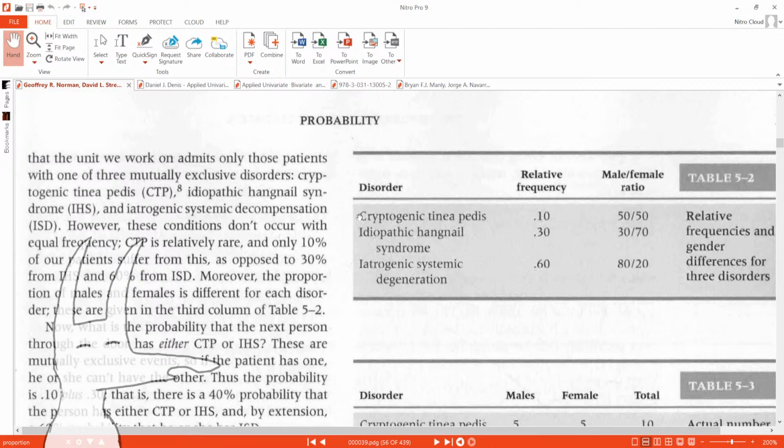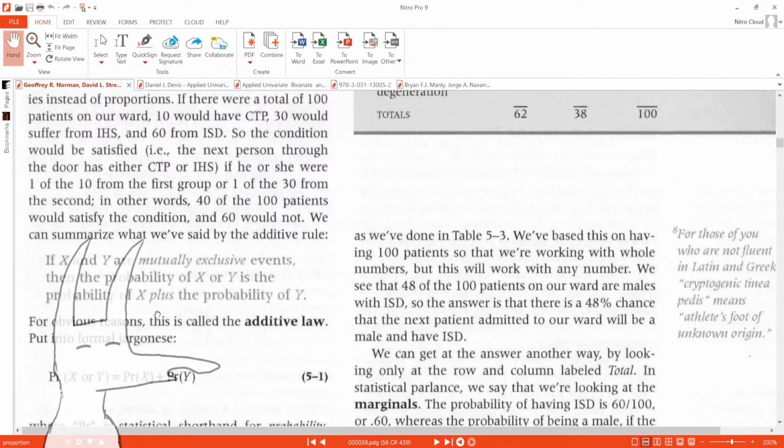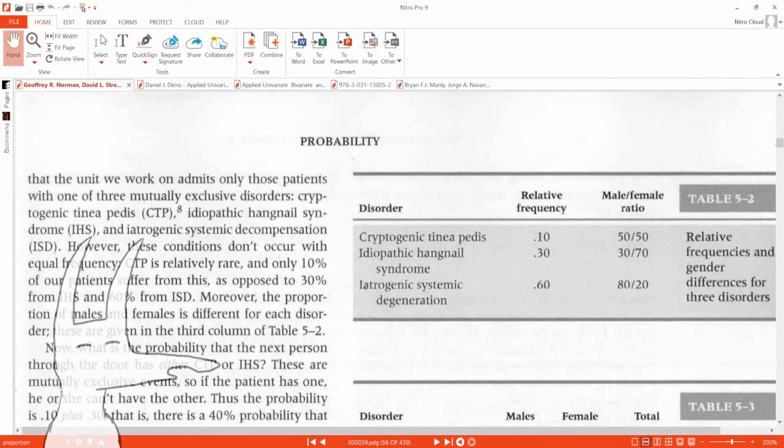They were using like real terms. Like these words do have a meaning in the medical field, but I think they're just jumbled up together. They just jumbled up a bunch of medical terms to make it sound realistic, but I don't think it is. Because I can't find any information for iatrogenic systemic degradation. Oh, degeneration. Okay, hold on. That sounds like a terrible disease to have.